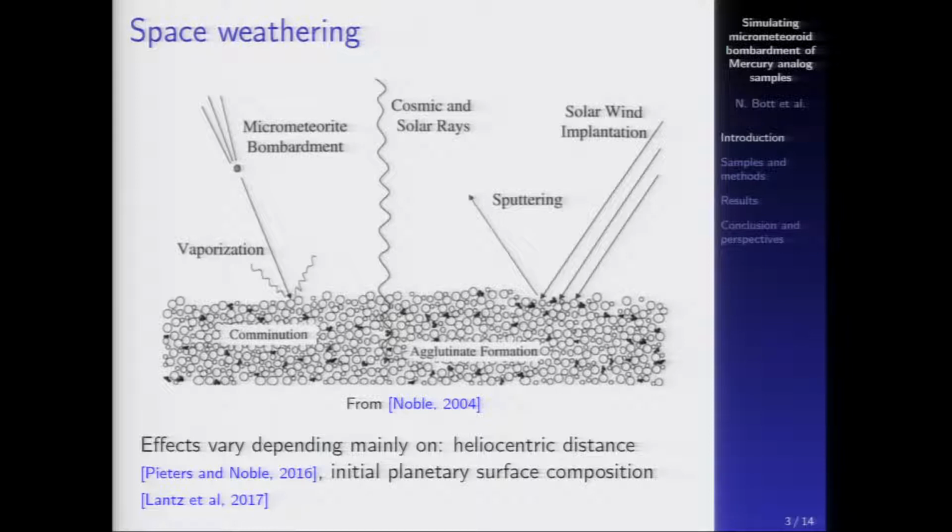For example, you will not have the same effects for the Moon or for Jupiter's moons. The second dependence is the initial planetary surface composition, as, for example, has been shown by Lantz et al. 2017. So you can have, for example, brightening if your initial surface is dark enough.